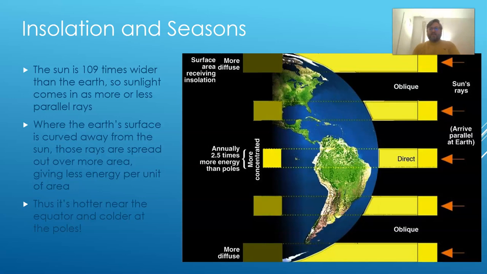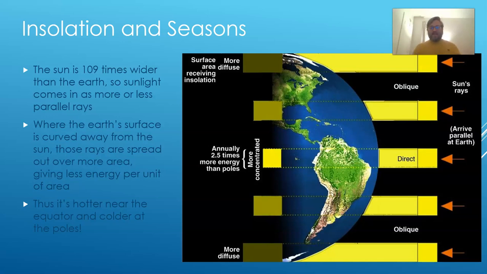So instead of a 1 meter square sun ray coming down being fully concentrated on 1 meter square of ground, it's going to spread out over, 2 square meters, let's say, if we're at a particular point in that curve. So that means any 1 square meter of ground is only getting half of that ray. It's getting a lot less energy. The energy is less concentrated there.